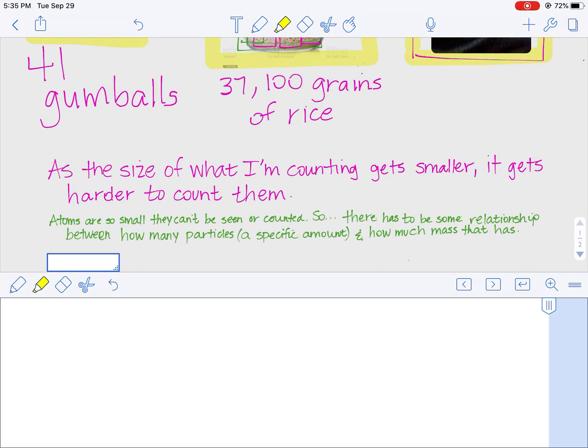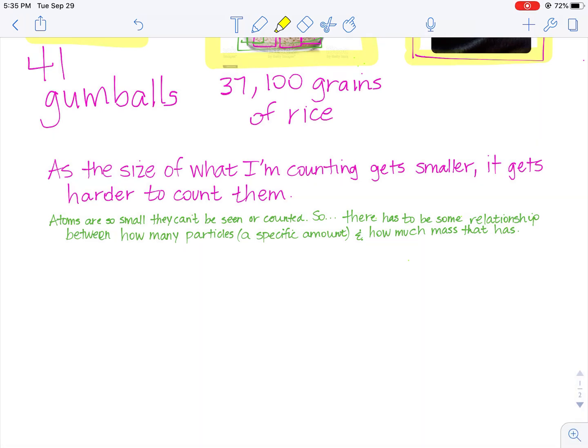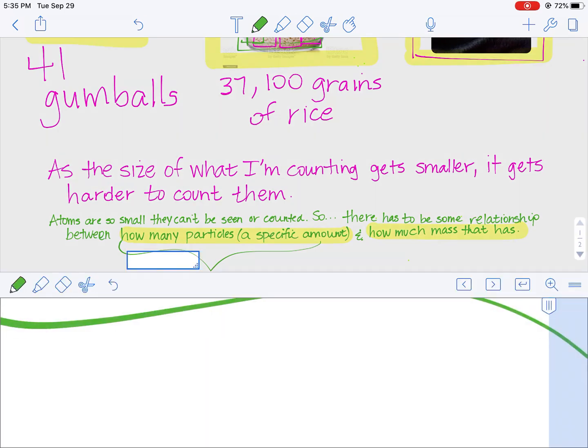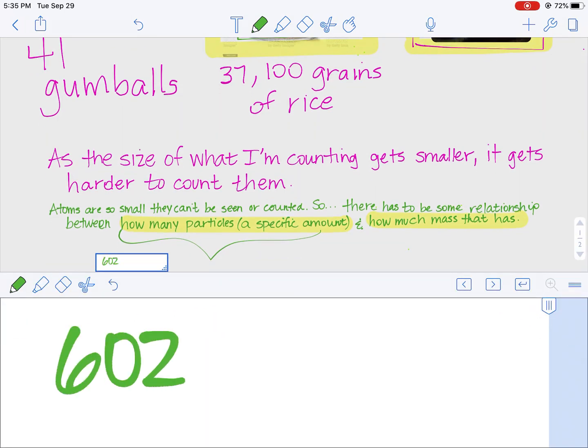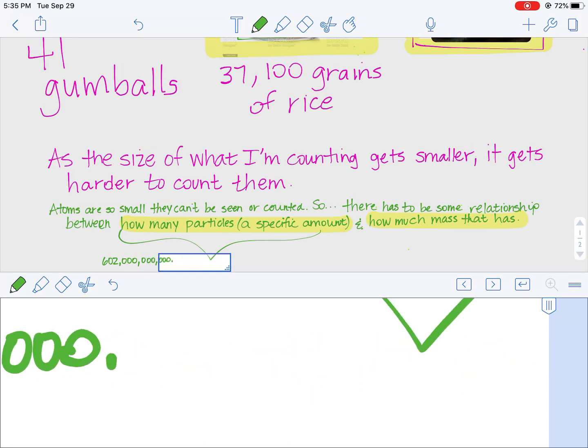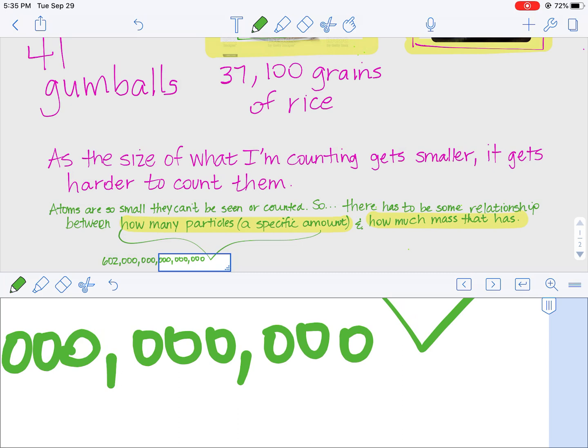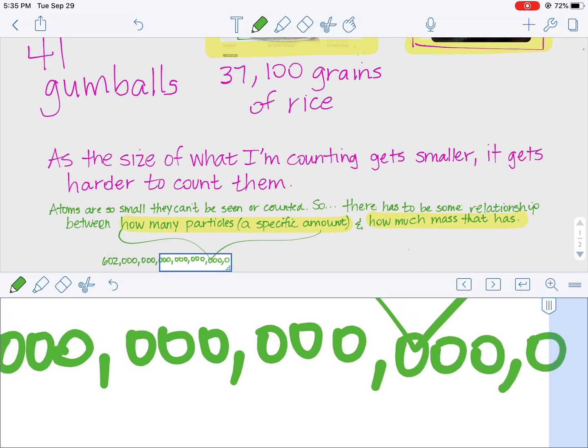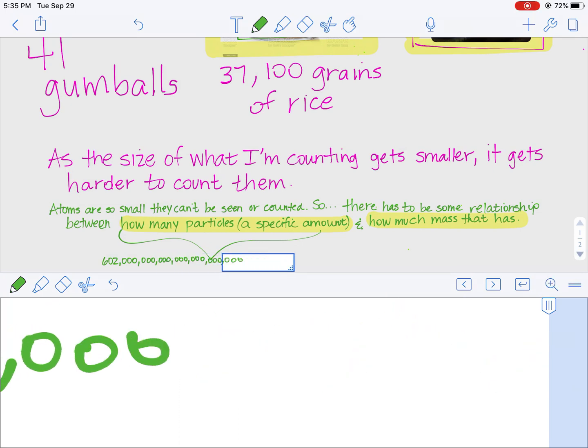That relationship, in terms of how many particles, the specific amount, and how much mass that has, is a known value. The how many particles is the number 602 followed by 21 zeros.